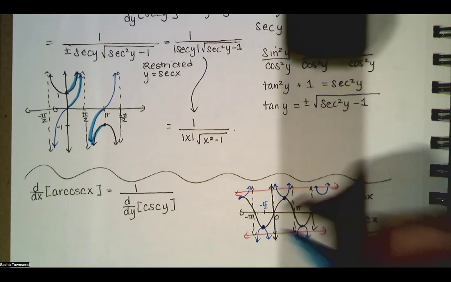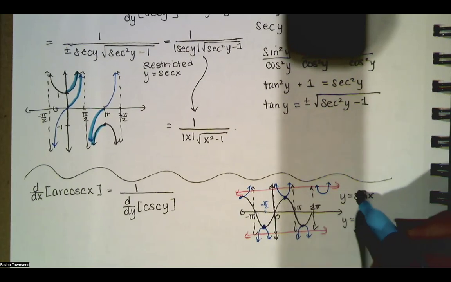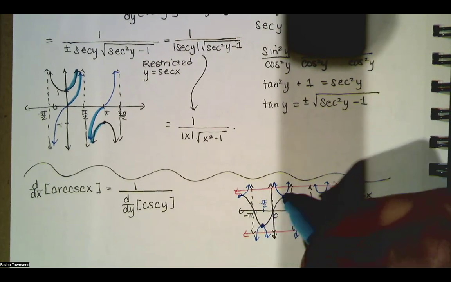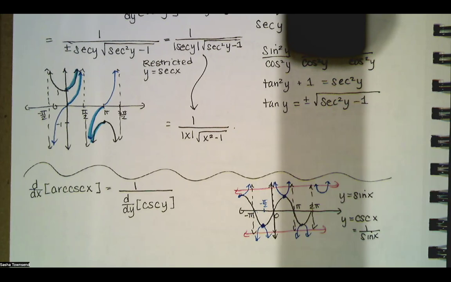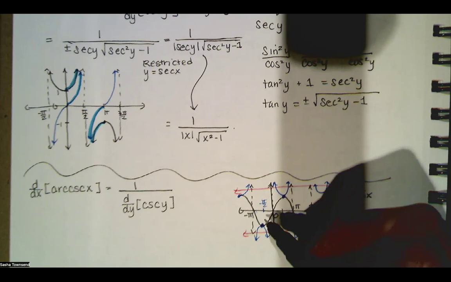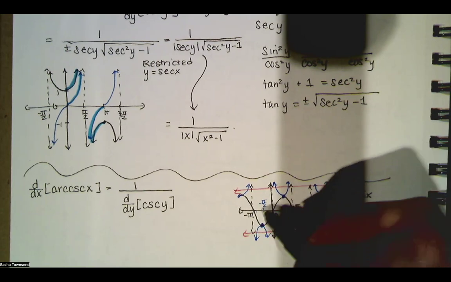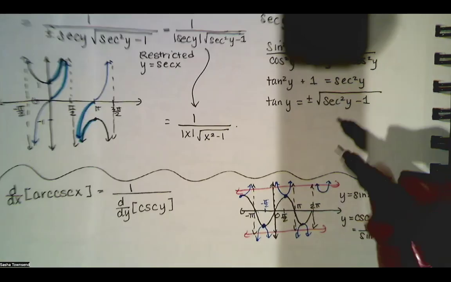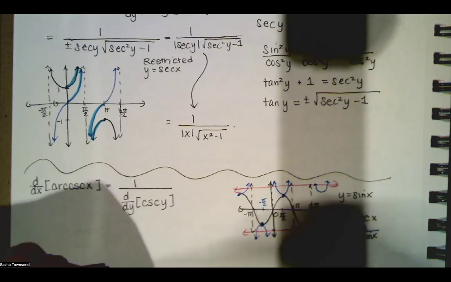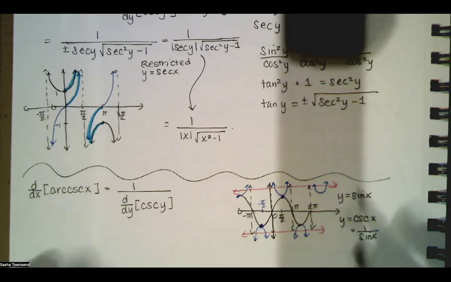So when we took the restriction for sine of x to get all of the values in the range, we looked at negative pi over 2 to pi over 2. Instead, we're going to look at the same interval from negative pi over 2 to pi over 2, but we have to exclude x equals 0 because the cosecant is undefined at x equals 0.